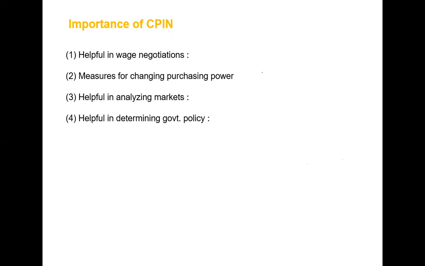Now we're also talking about being helpful in analyzing markets. It tells us how the various markets are going in terms of industry, in terms of agriculture. I mean, various sectors, it tells you how the prices of things are going. And of course, it also helps government to determine what policy to implement, okay, within the country.